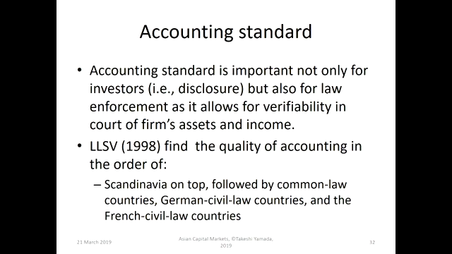If the accounting standard is not good, which means maybe less disclosure, then investors cannot find out what the firms are actually doing. Or if the standard is not good, accountants or the firm can massage the numbers, right?